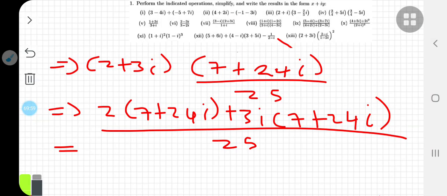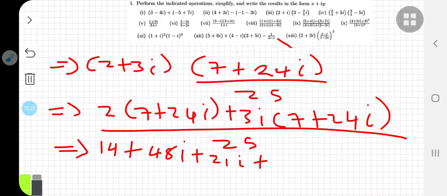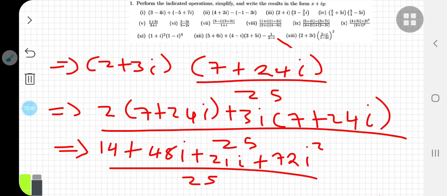So now 2 times 7 gives me 14, and plus 48i, and plus 21i, and plus 72i squared, over 25.